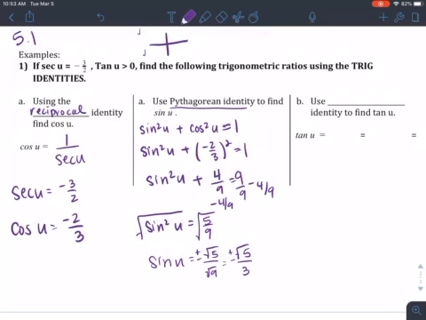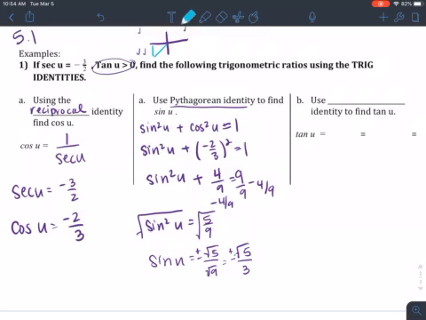And then my tangent is greater than 0, so tangent is greater than 0 in quadrants 1 and 3. So it looks like my triangle is something like this. Would the sine be positive or negative? Well, it'd be negative. So this is equal to negative root 5 over 3.